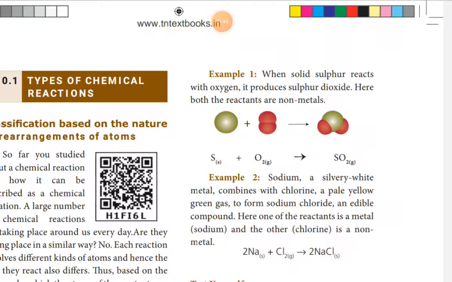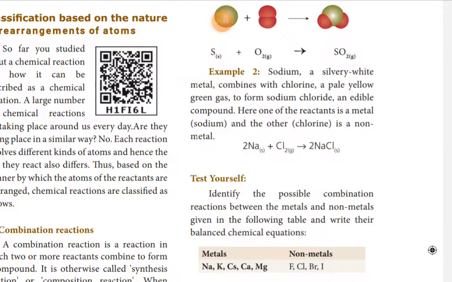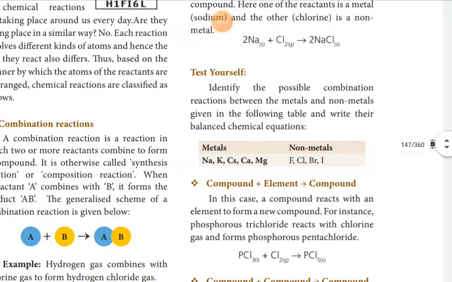It is common salt. Here one of the reactants is a metal. Sodium is a metal, the other one is a non-metal. So one metal reacts with a non-metal to give the product sodium chloride. Sodium, that is a solid substance, and chlorine, which is a gas, are going to give sodium chloride. Then we have to check ourselves by writing balanced chemical reactions using the metals sodium, potassium, cesium, calcium, magnesium, and the non-metals fluorine, bromine, iodine.